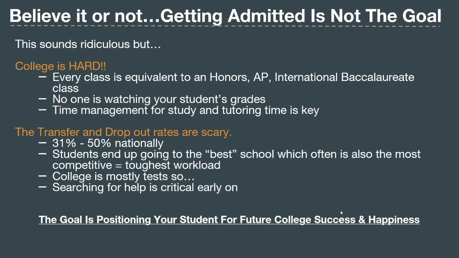This is going to sound a little crazy, folks, I will tell you, but believe it or not, getting admitted is not the goal. You're asking me why, right? Well, this is why. As we talked about before, the environment is important, the affordability is important, and college is hard. Every class is challenging. No one is watching. Your child needs to be great at self-regulation and be their own best advocate.